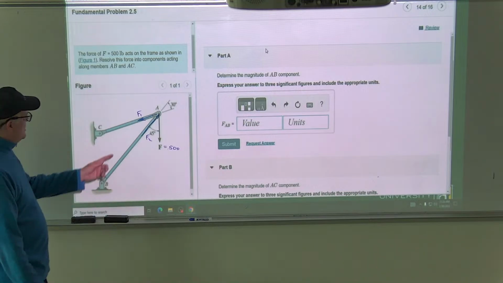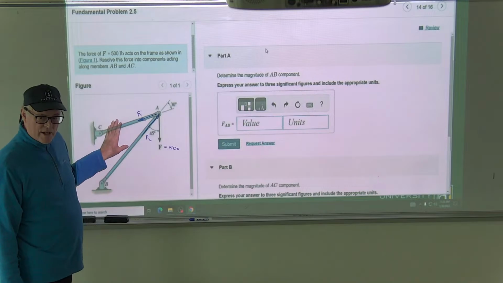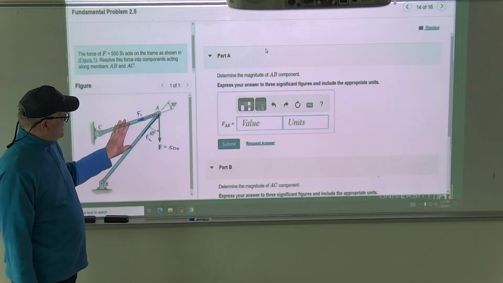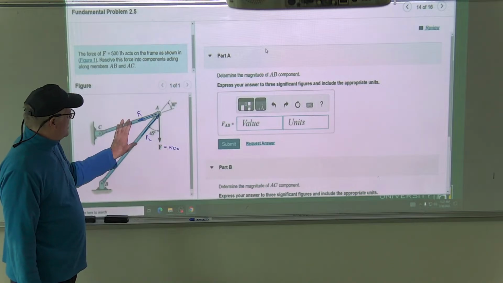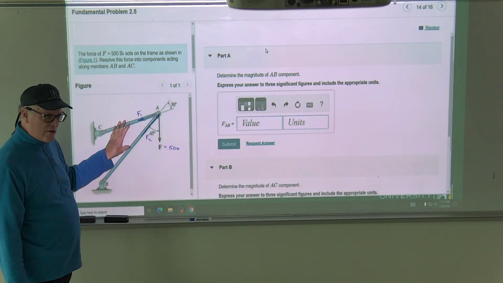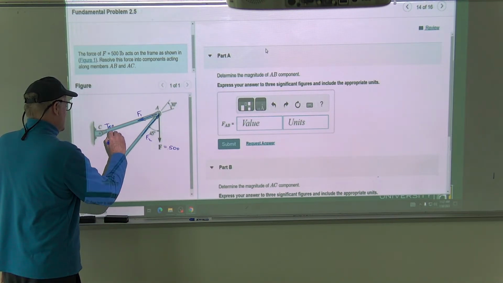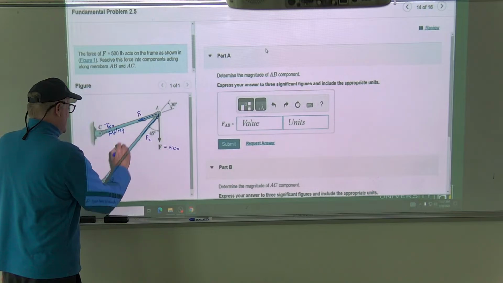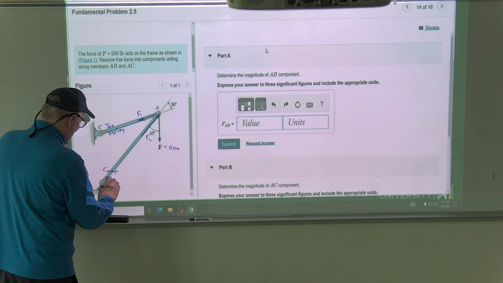So now I know this F1 and this F2, and I'll even mess up in a second if you want me to, and I'll show you something interesting. As a matter of fact, maybe I'll mess up now. So now that I've told you this, you buy into the fact that this has to be in tension, or pulling, and compression, or pushing.